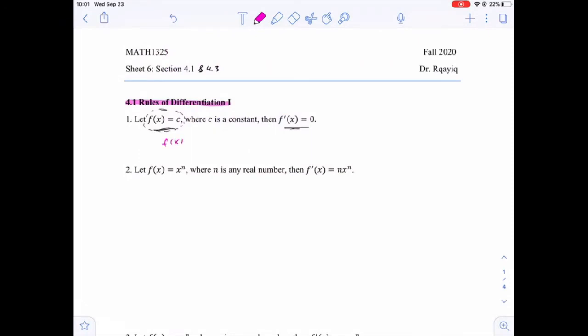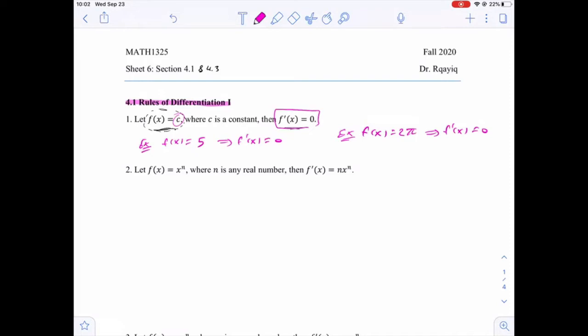For example, if f of x equals 5, then the derivative of this function is equal to 0. Also, if f of x equals pi or 2 pi, these are numbers, so the derivative is 0. So if we have a constant function, then the derivative is 0. This is the first rule.